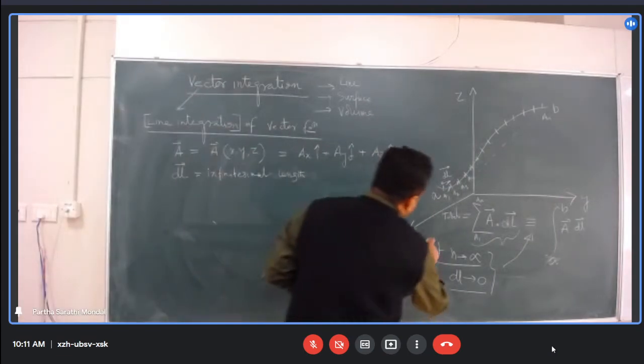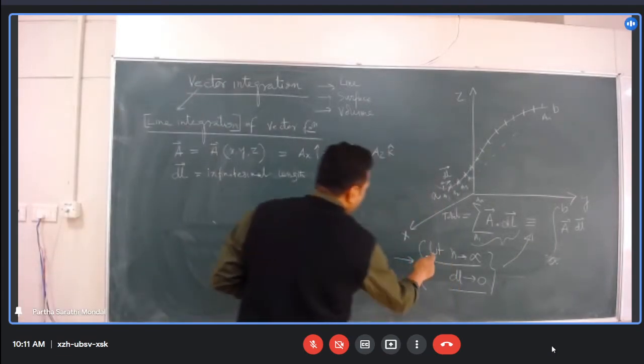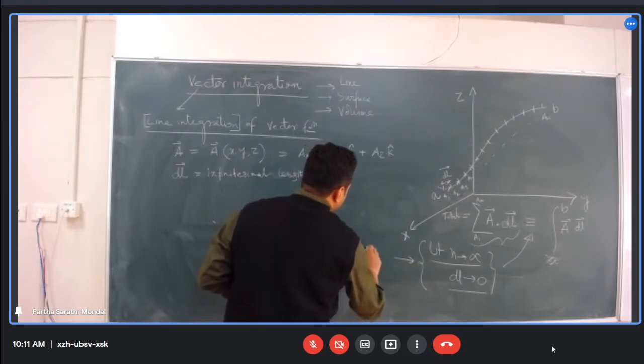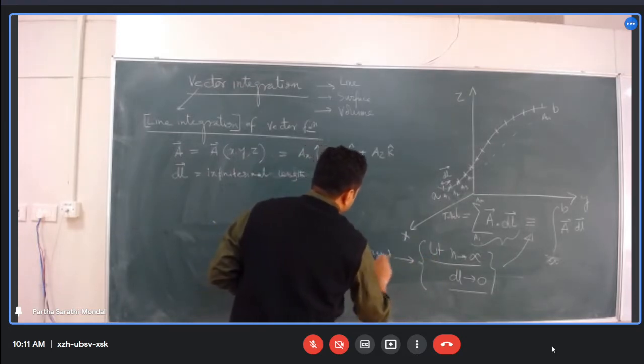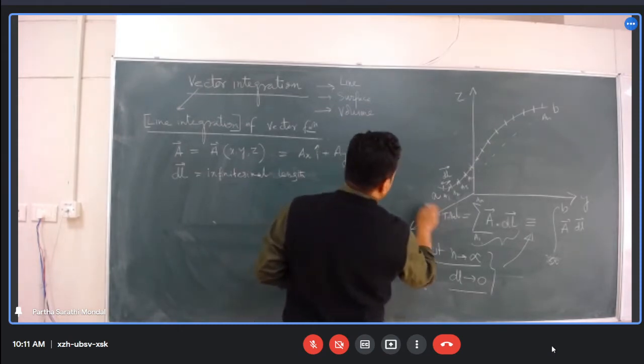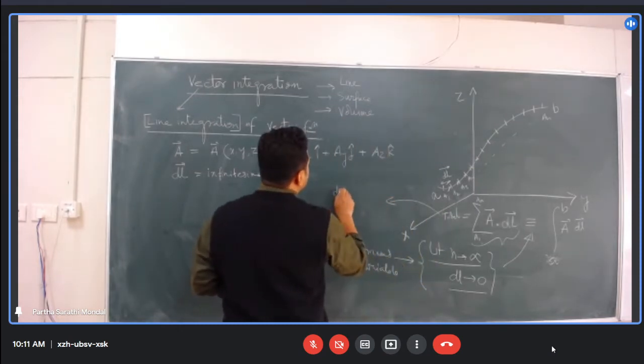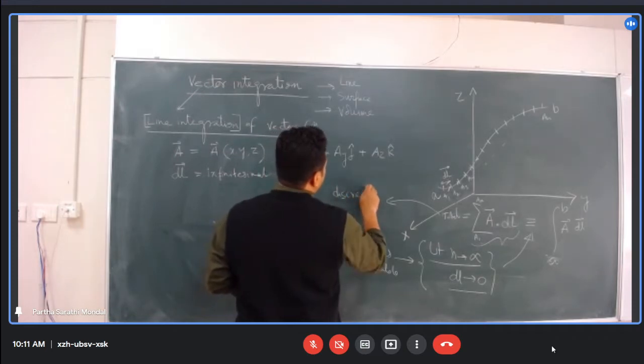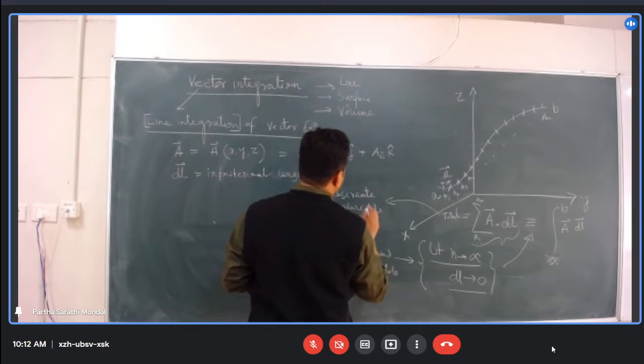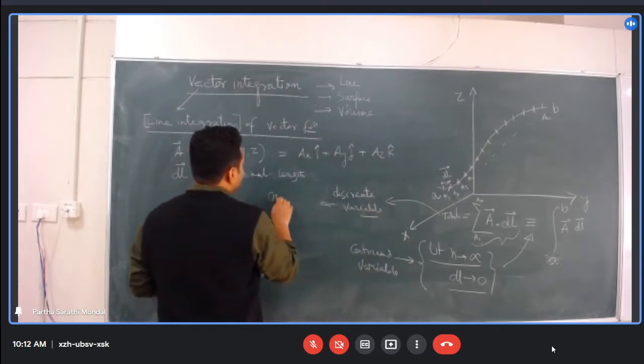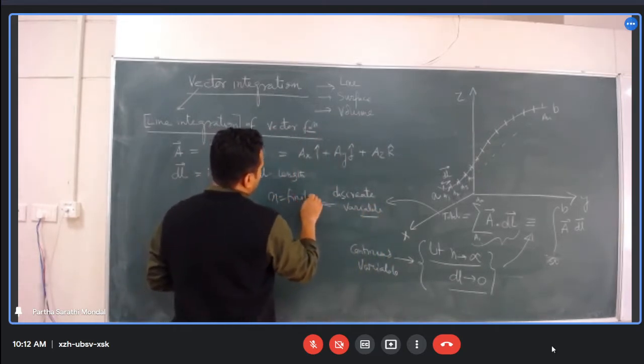So continuous variable कौन दे रहा है? This condition will give you the continuous variable, and this one is for the discrete variable. Why am I saying discrete variable? Because n is finite here.